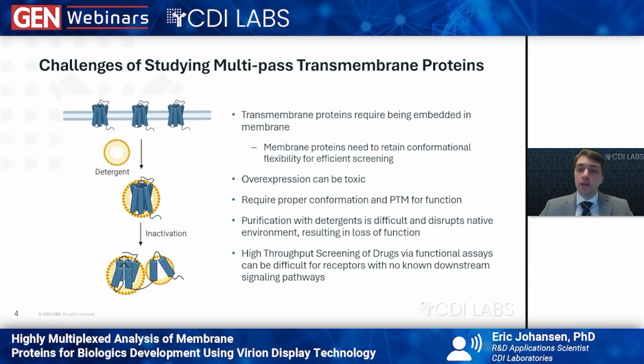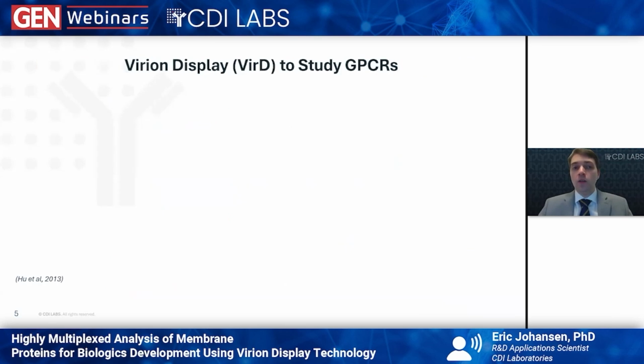Furthermore, if we do high functional screening or high throughput screening of drugs via functional assays, this can be difficult for receptors with no known ligands because we need knowledge of which G proteins they signal through in order to observe an effect. So there is a need for an unbiased approach towards ligand binding with the receptor. One such solution to these issues is virion-display to study GPCRs.